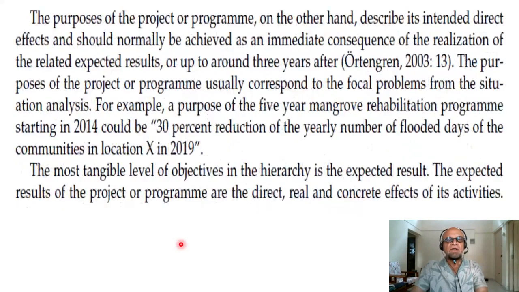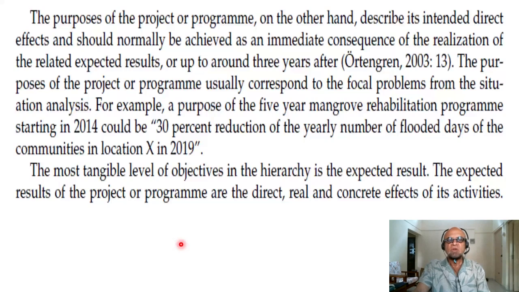Okay. The purposes of the project or program, on the other hand, describe its intended direct effects and should normally be achieved as an immediate consequence of the realization of the related expected results, or up to around 3 years after. So this timeline is kind of dependent on many details of the objectives themselves.